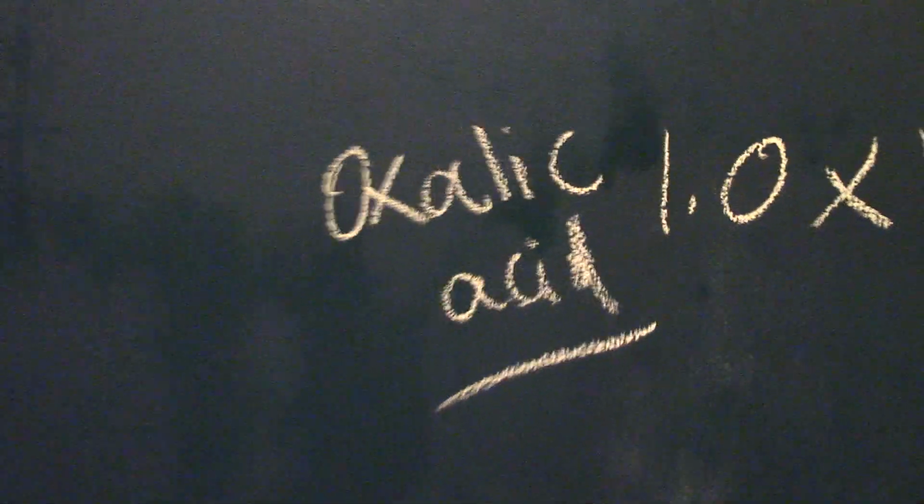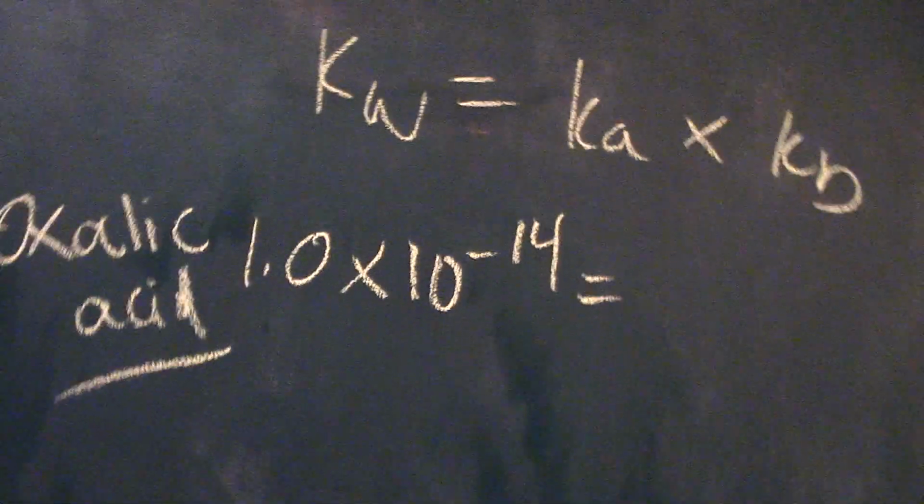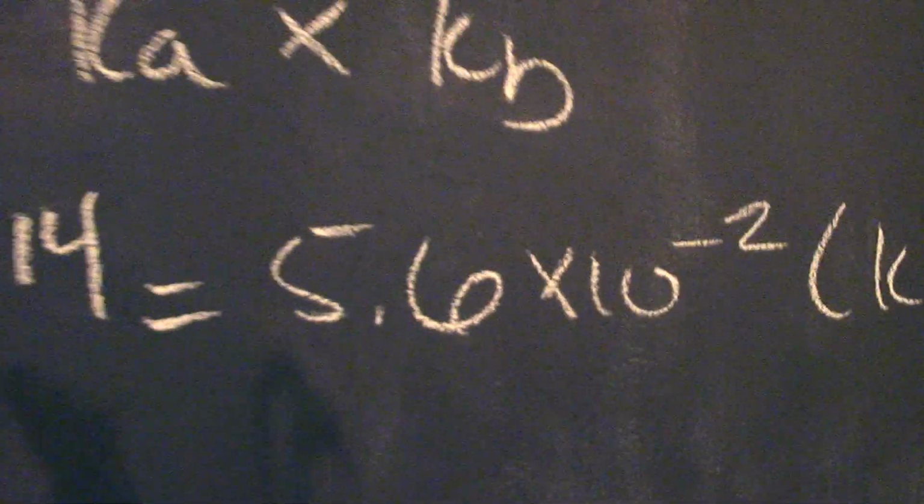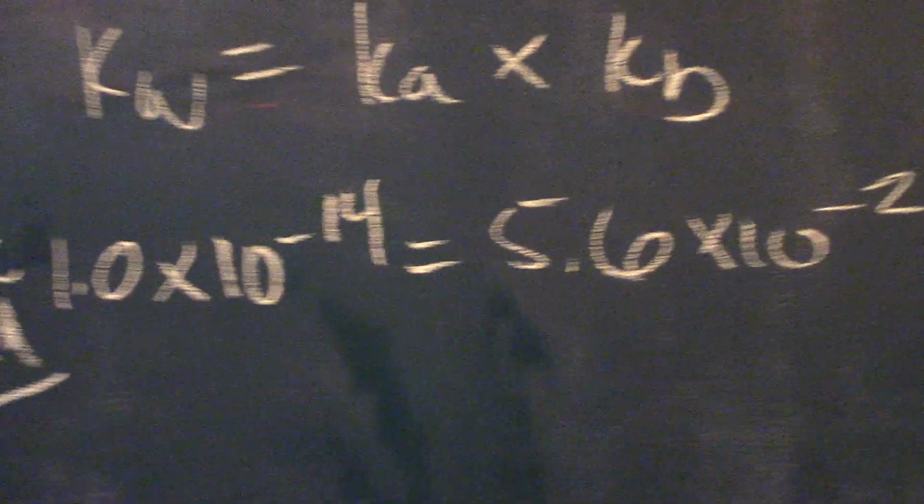And I know that Kw equals 1.0 times 10 to the negative 14th. My Ka for oxalic acid, right from my data booklet, is 5.6 times 10 to the negative 2. And that's multiplied by Kb. So if I have the Ka, I can solve for the Kb. It's there, it's just there indirectly.